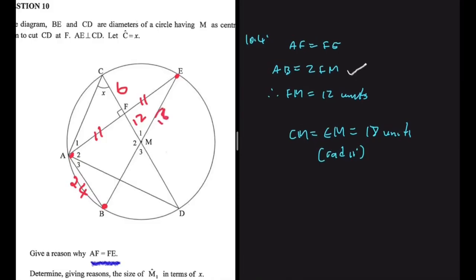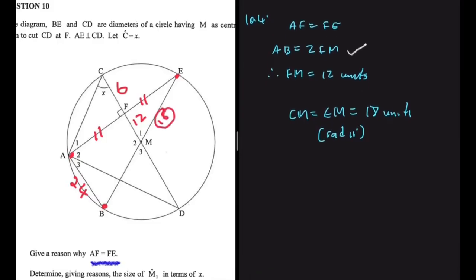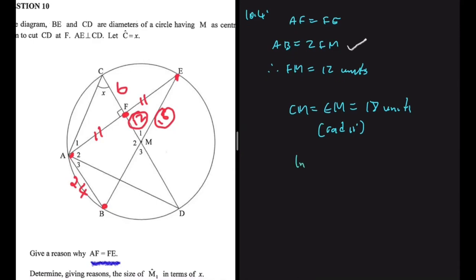So we have 18 as our hypotenuse, we have 12 as our opposite, so we can find FE, which is our adjacent, right? And then from finding FE, we just have to multiply it by 2 to find AE. So in triangle FME, we can say that FE squared plus MF squared is equal to ME squared, right?